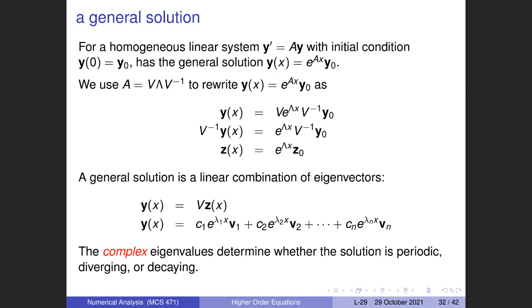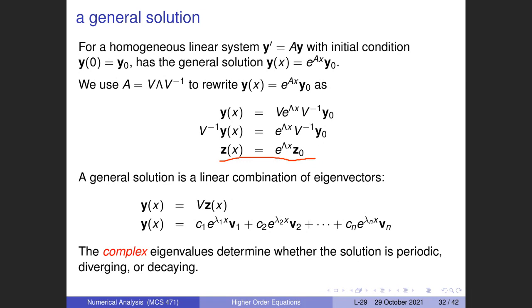So we transform our problem into a much simpler problem. Here we have no longer an A, we have a diagonal problem. So we have diagonalized our problem, and we can go back to the original coordinates to write down the general solution of the homogeneous form of the linear system.